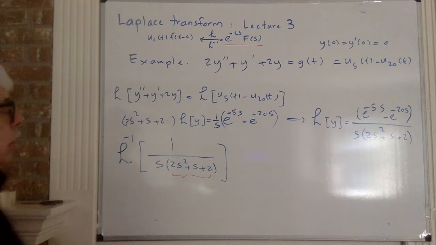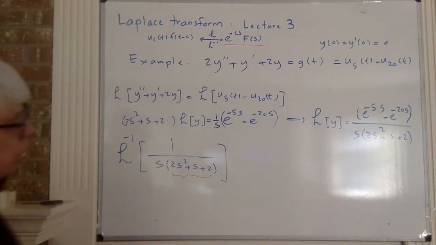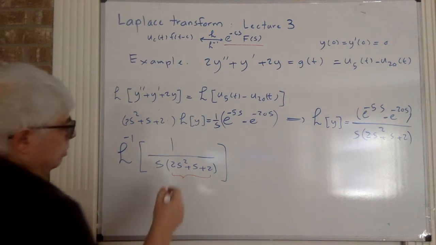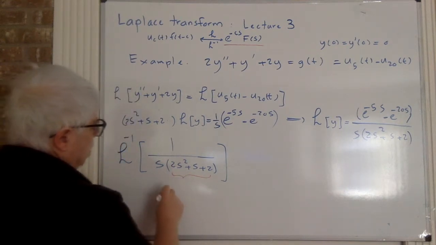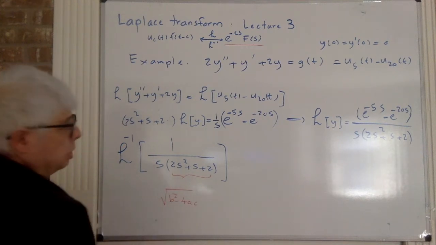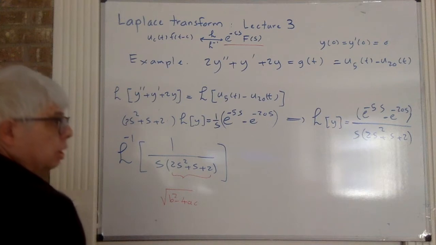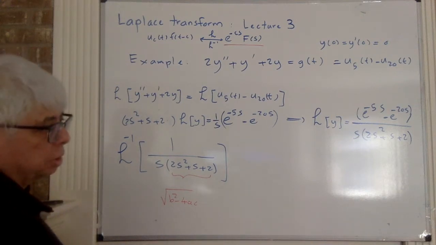In the quadratic equation, if the term under the radical, b squared minus 4ac, is negative, then it has complex solutions, and in a sense it is irreducible.